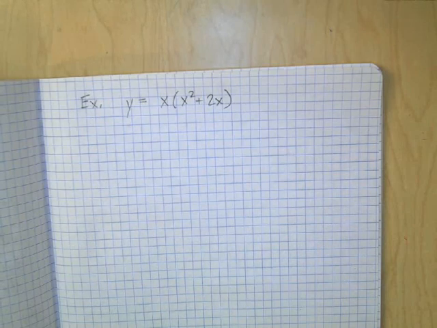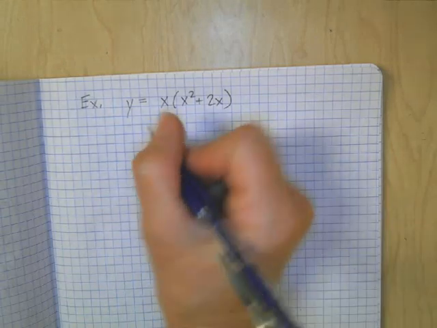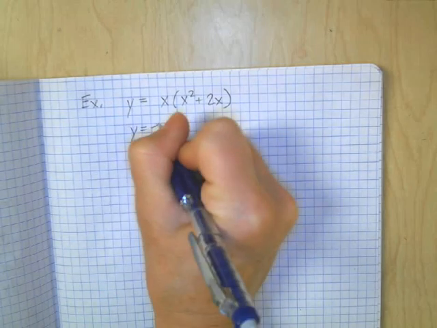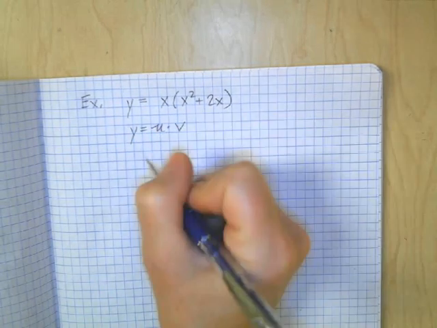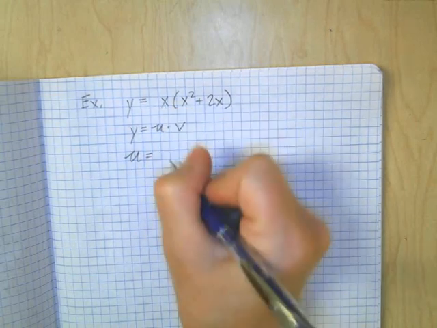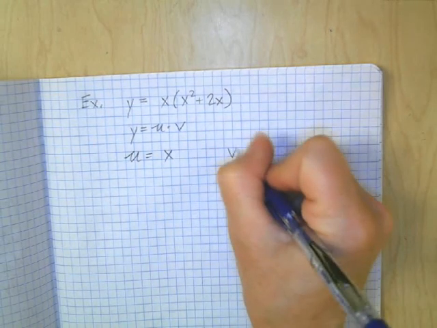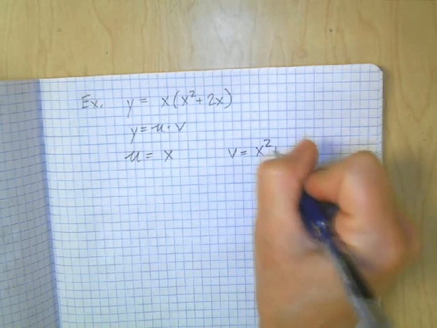But I'm doing an easy example with the product rule because it's easier than doing a hard example with the product rule. Okay, so anyway, here we go. So I am going to say, okay, y is equal to u times v. So what's u? U is going to be equal to x. And v is going to be equal to x squared plus 2x.